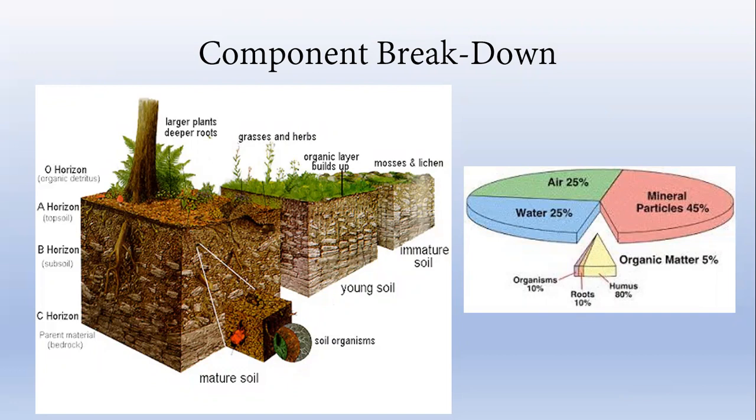And we've got our organic matter, that's all of the living microbes in the soil, all of the roots, dead or living, and then all of the humus, which is mostly decomposing organic matter. And there's that space for air and water. It makes up the entire soil matrix.